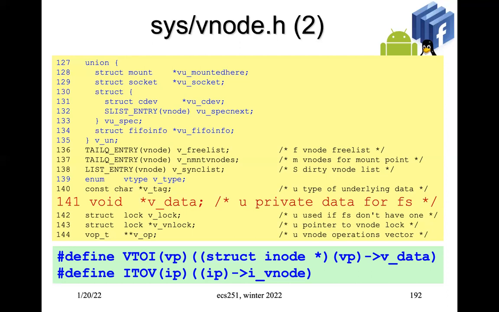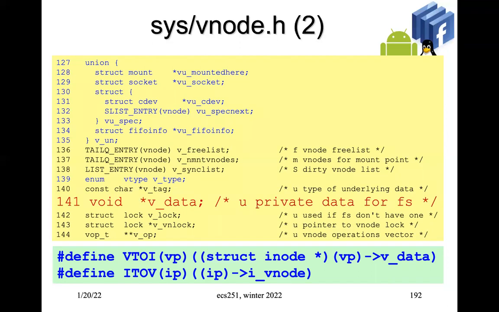Similarly, in the same code, the in-memory version of the inode, IP, the inode pointer, also has i_vnode, which points back. So with these two macros between the in-memory vnode and in-memory inode, you have a one-to-one correspondence if this vnode is connecting to the hard disk inode.